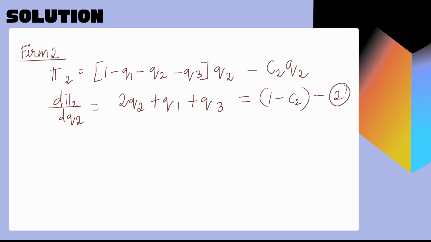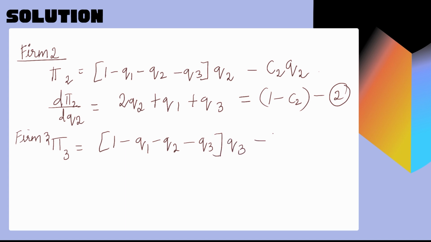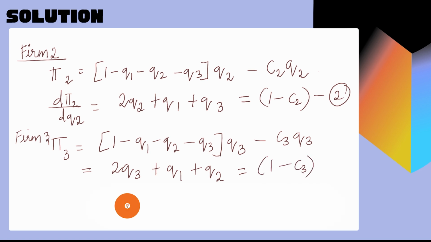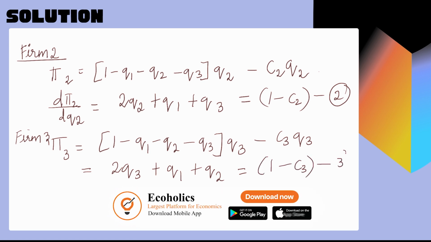This is the second one. And for firm 3, pi 3 is equal to 1 minus Q1 minus Q2 minus Q3, multiplied by Q3, minus C3 Q3. This gives 2Q3 plus Q1 plus Q2 is equal to 1 minus C3. So these are the three equations.